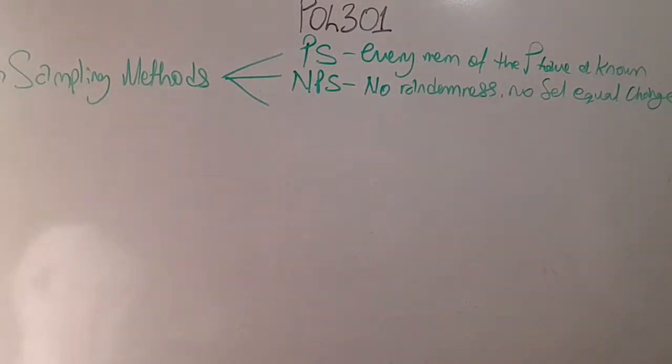To start with, we have quota sampling. Under quota sampling, knowledge of strata of the population is used to select sample members that are representative of quota of the population.